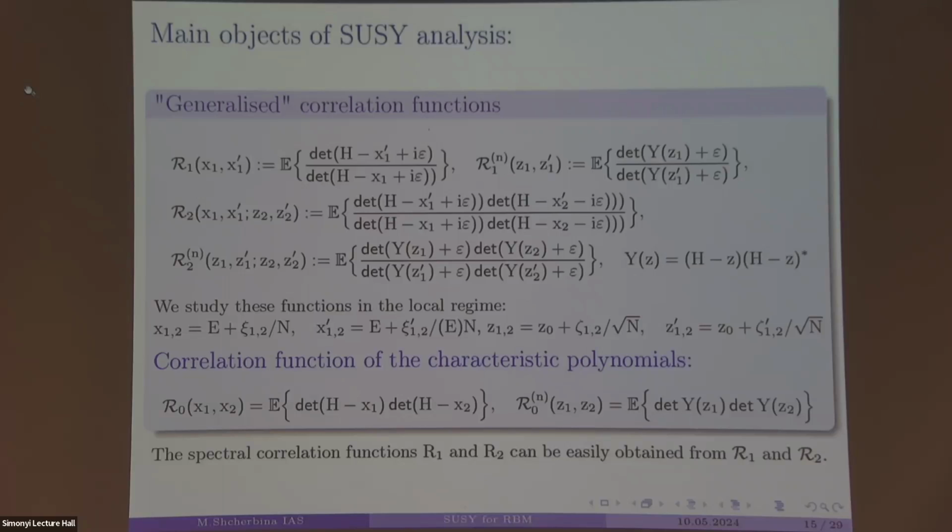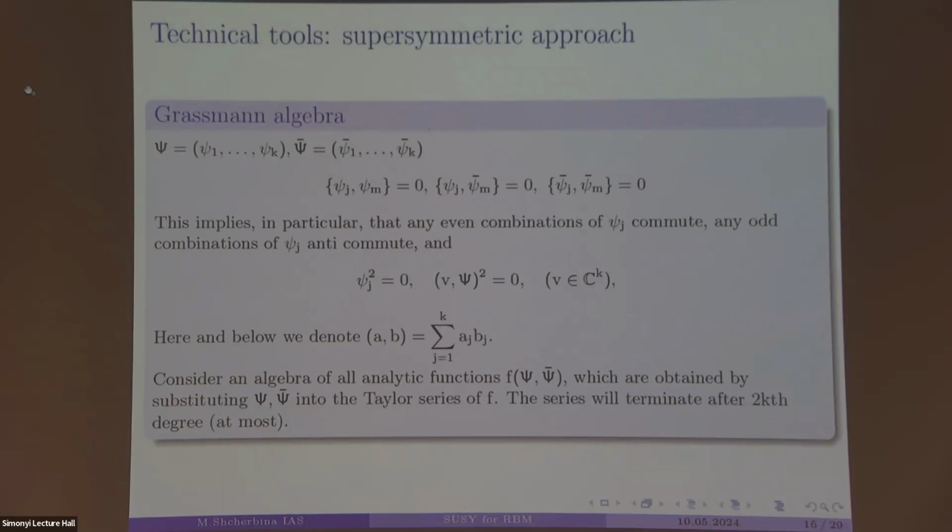I know that there are a lot of physical papers studying these characteristic polynomials, and also in some sense, at least for us, it was the first step in how to study the complete correlation function. I mean, when you have determinants in numerator and denominator, but it's also interesting in itself. Now let me explain why it was so important to have the ratio of determinants and expectation.